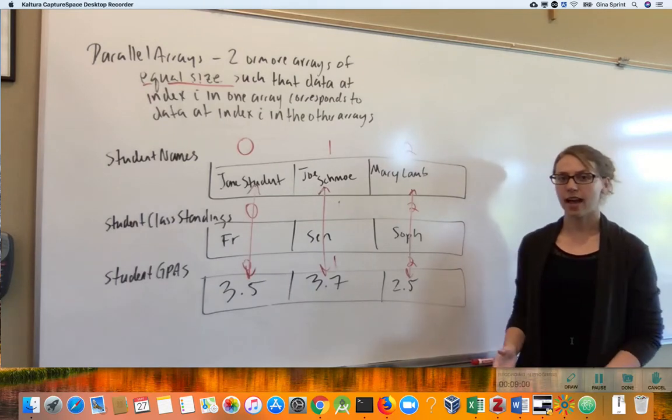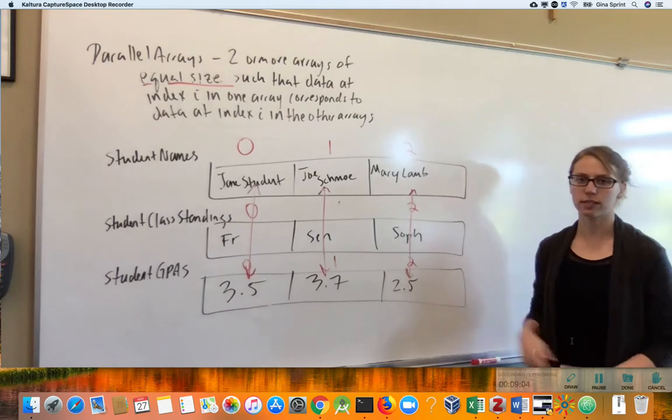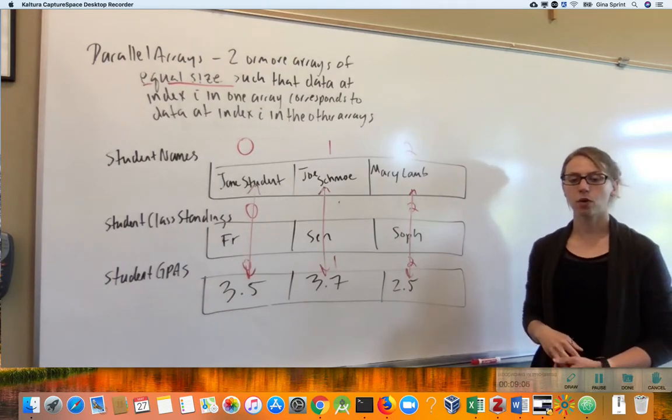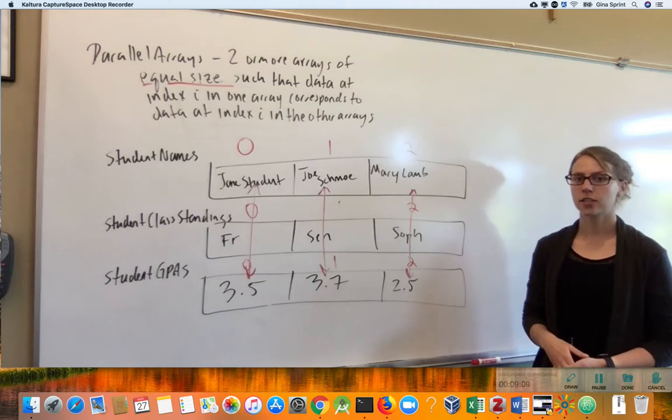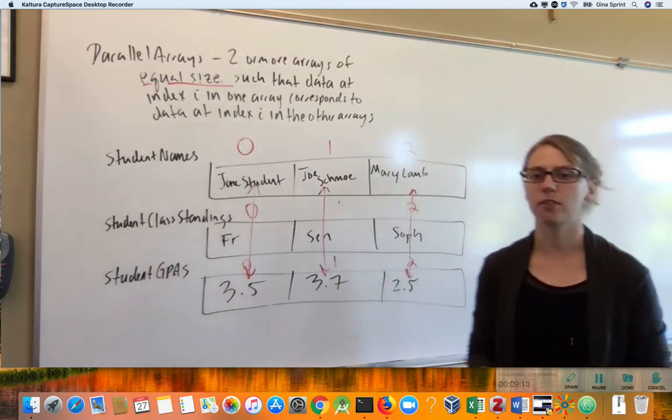So what we're going to do now is code up parallel arrays in order to store this information, and then we're going to write a simple function that's going to print out all of the student information from these parallel arrays.